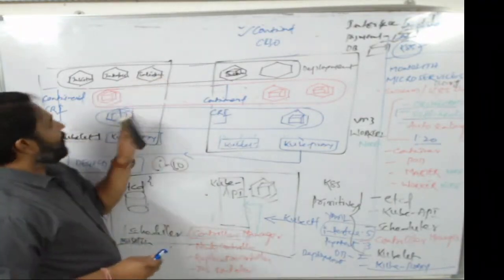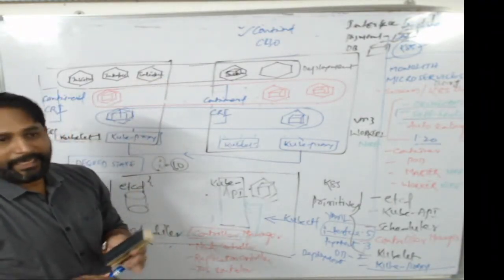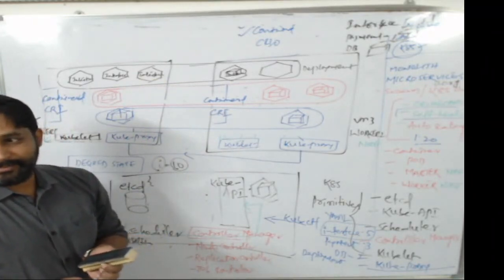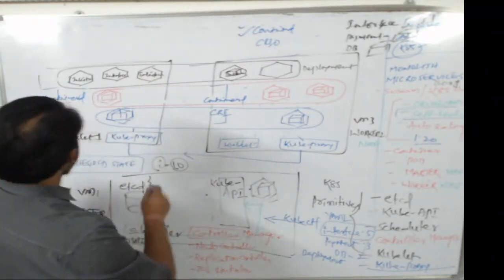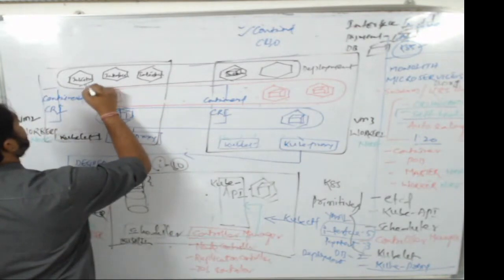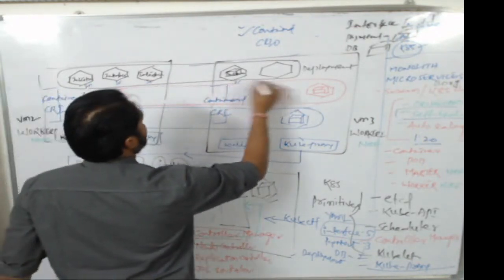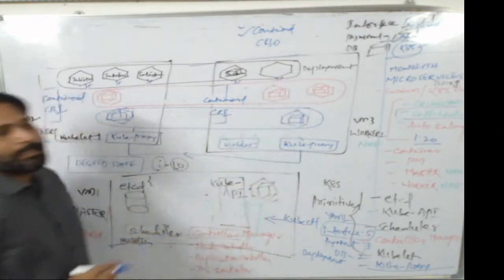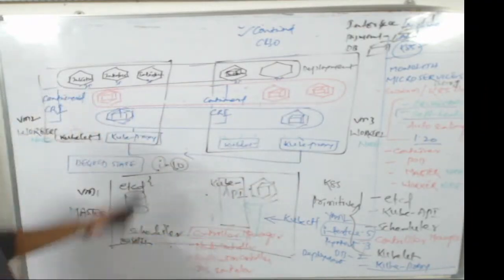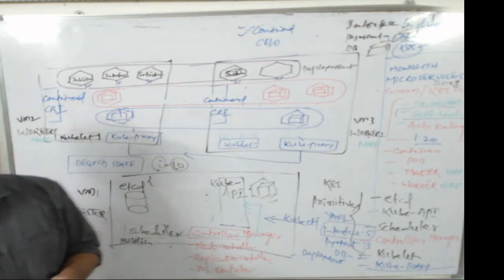How does it know how to reach you? It has to know the IP. And by the way, all the pods have IPs. So this has an IP, this has an IP. Containers do not have IPs. Pods have IPs.